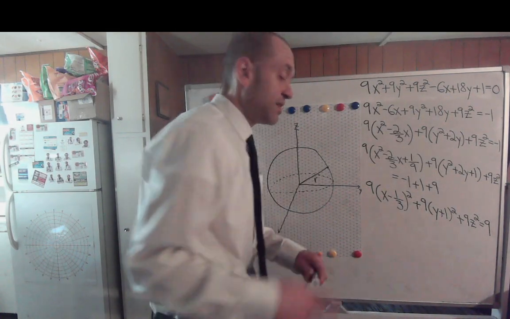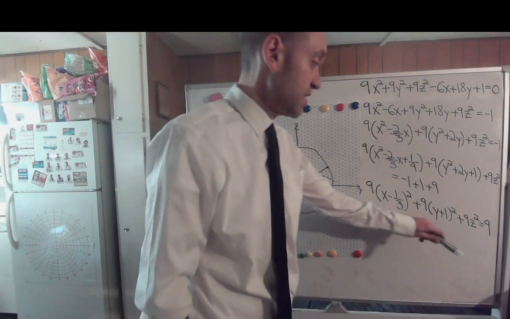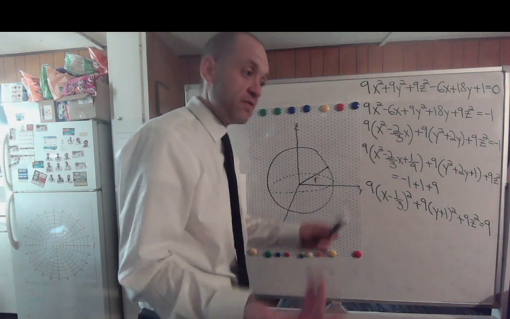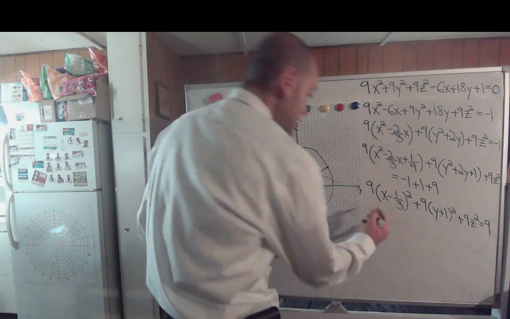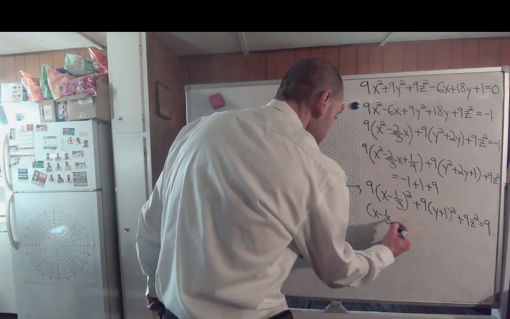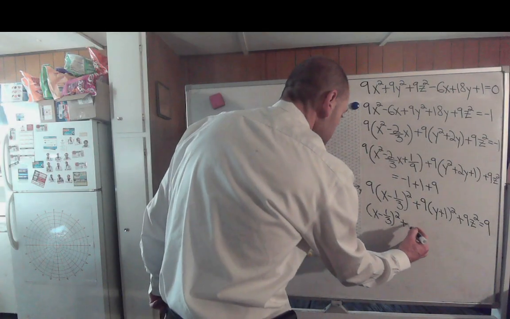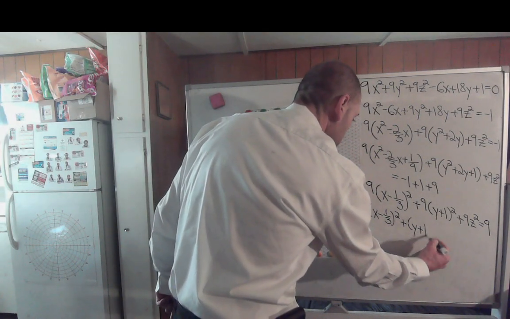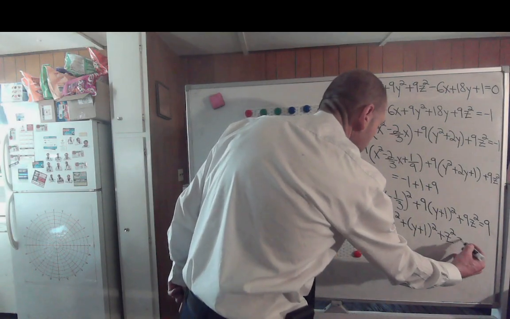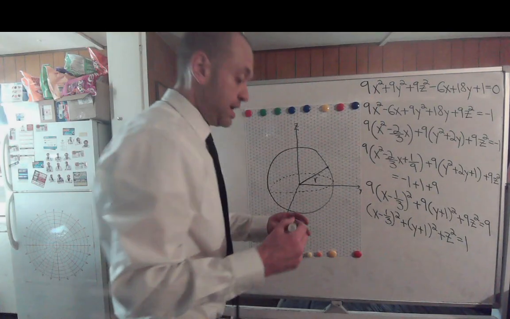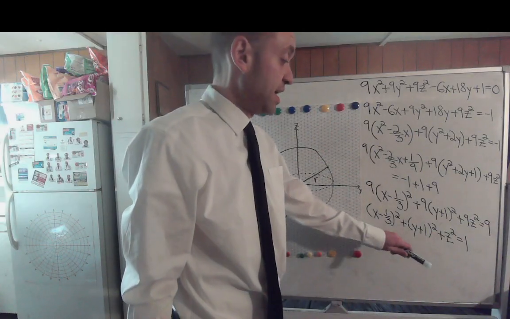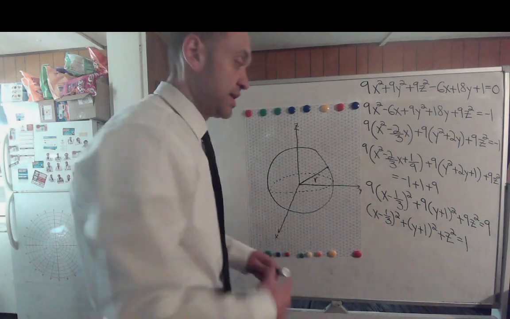The only thing left to do is we want the coefficients on each of these quantities to be a 1. So we have to divide everything through by 9. If you do that, you end up getting x minus 1/3 quantity squared plus y plus 1 quantity squared plus z squared equals 1. Now we have the form of a sphere that we can work with.